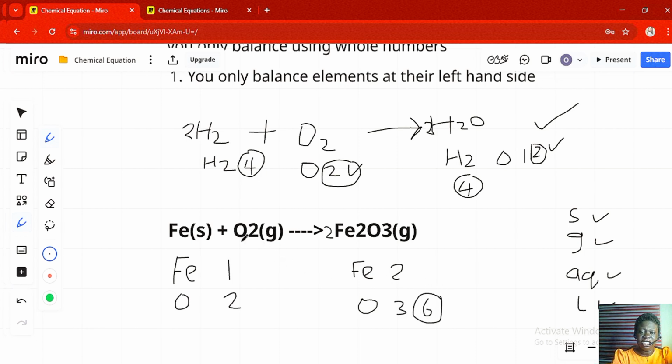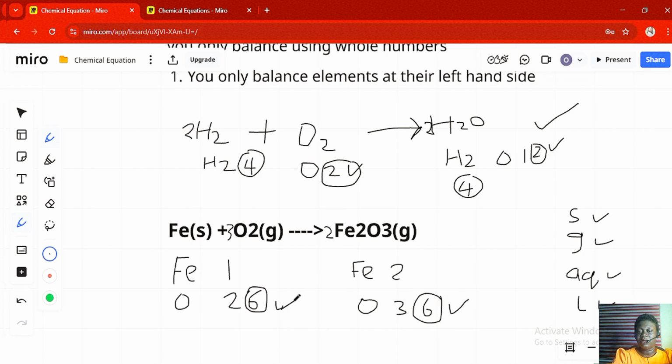Now, since oxygen is standing alone here, we put 3 here, oxygen becomes 3 times 2, which is 6. Are you seeing that? So this means oxygen is balanced at the reactant side and at the product side.